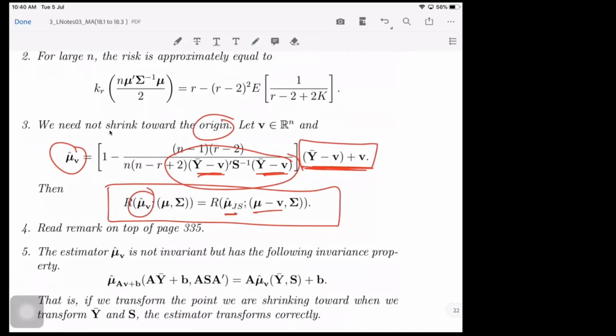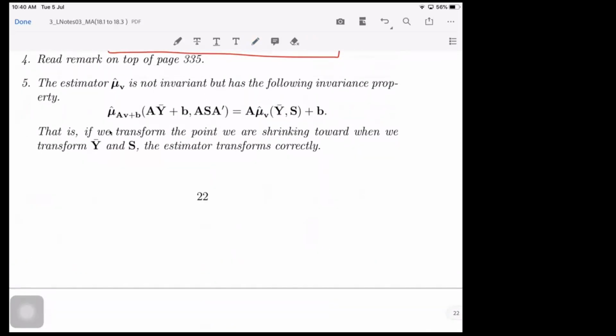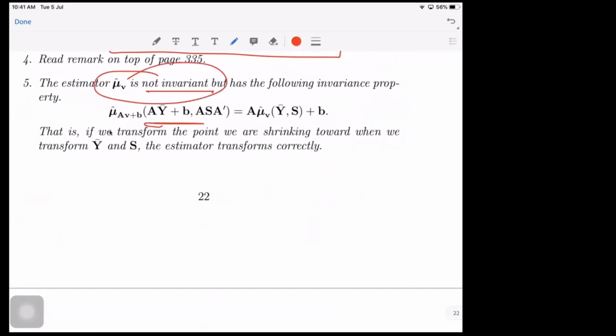So scale invariant siya. Bale, dili mausab, no? And then it is not invariant with this transformation. It is invariant with this transformation. In general, dili siya invariant, pero kung ani imong transformation, invariant siya.